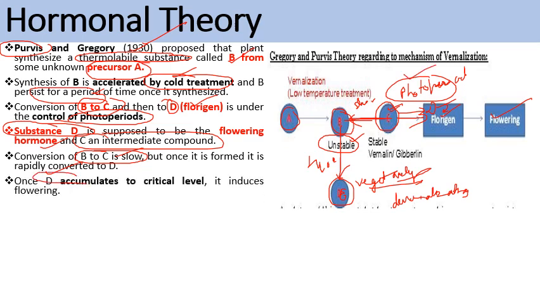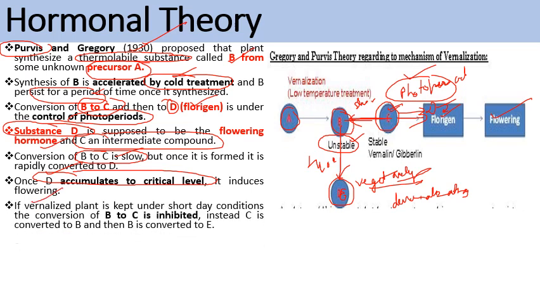Once D accumulates to a critical level, it induces flowering in plants. If a vernalized plant is kept under short day condition or is provided with a high temperature, the conversion of B to C is inhibited.